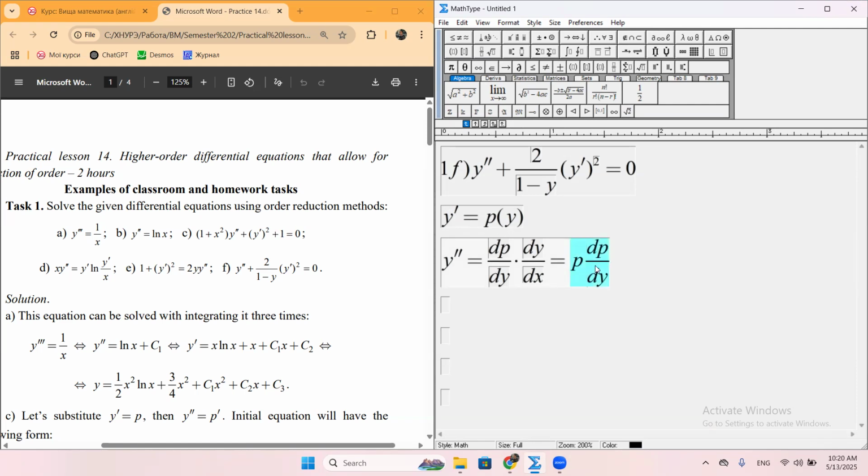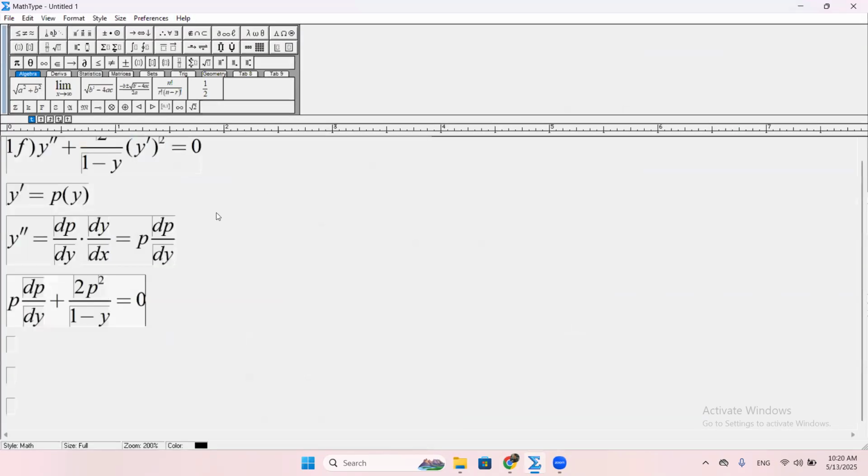So substituting everything that we received into the initial equation: p dp by dy plus 2p square over 1 minus y equals 0. And now let's start separating variables. So moving this part to the right, and I will change the sign here: y minus 1.